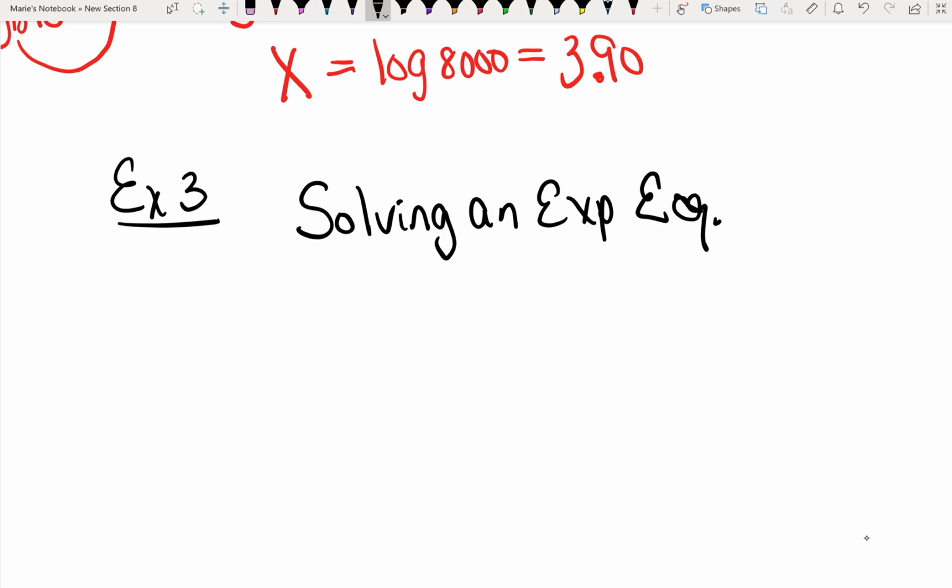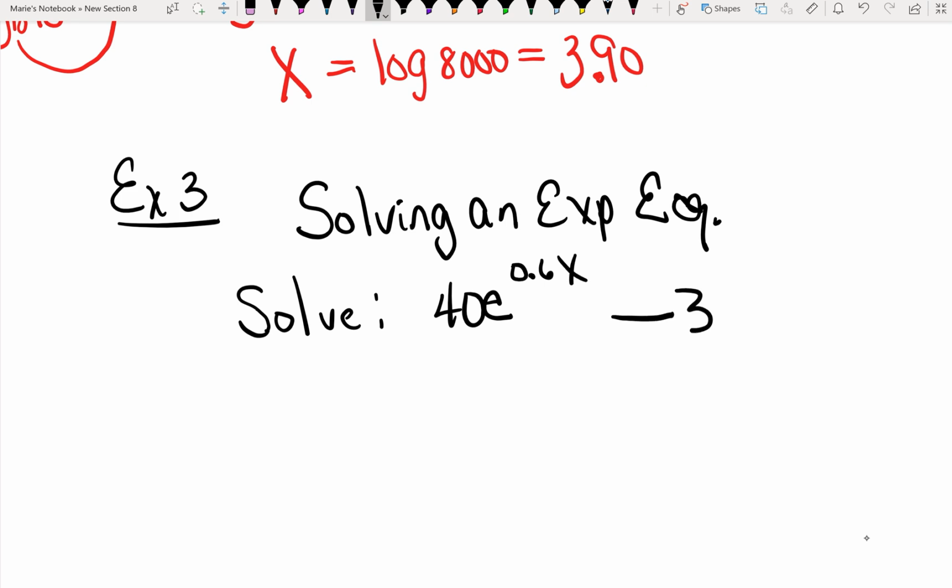Let's do EQ. We have solve as the direction, and they give us 40e raised to the 0.6x minus 3 is equal to 237.